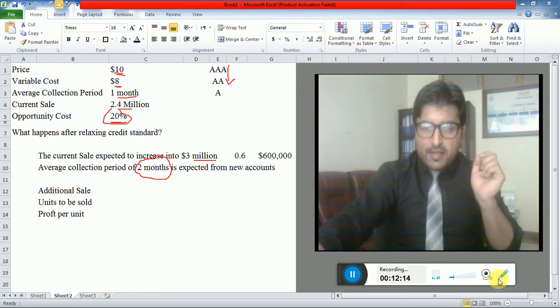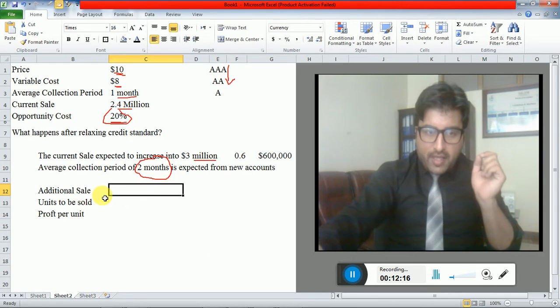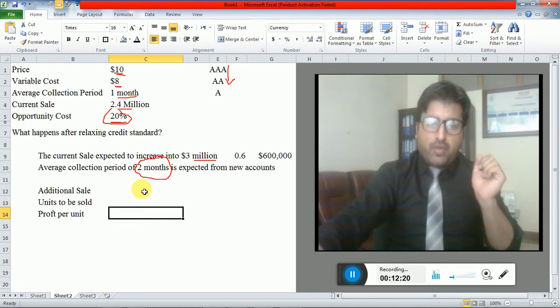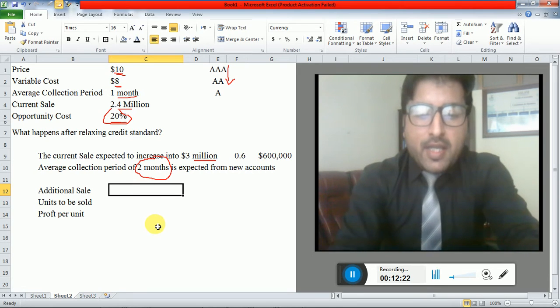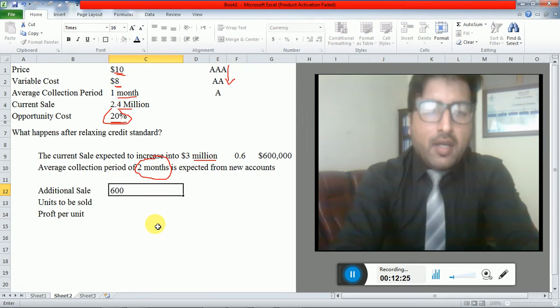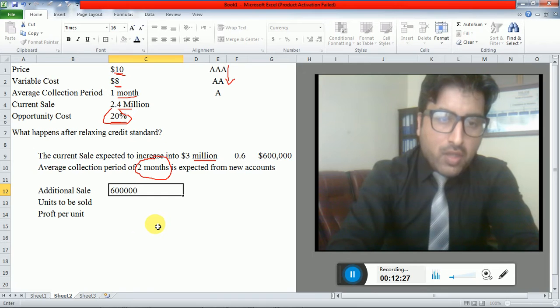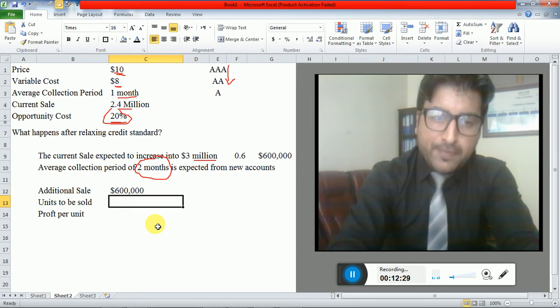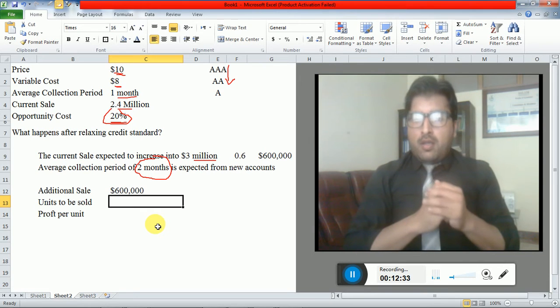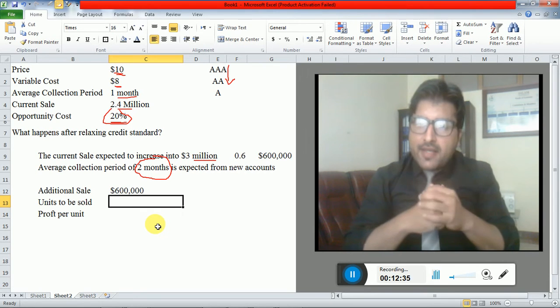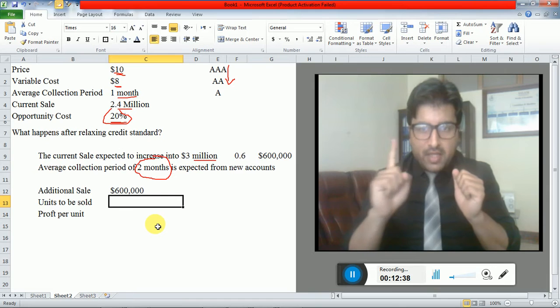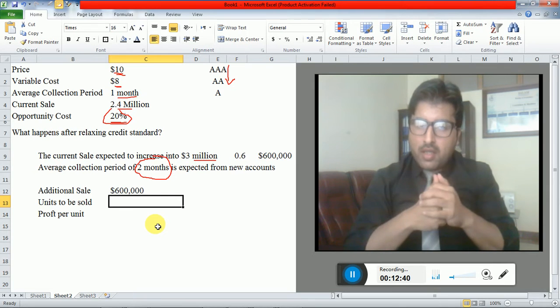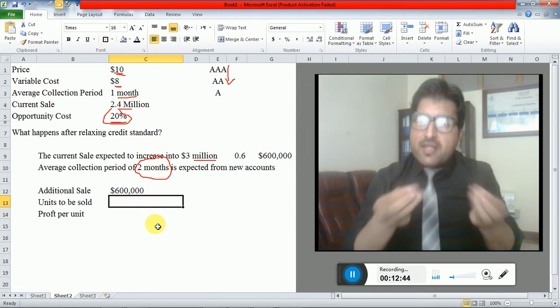One is additional sale, and units to be sold, and profit per unit. Okay, how much is the additional sale? That is $600,000, right? How many units to be sold? Okay, if the unit price is $10, right, if the product price is $10 and the total sale is 600,000, how many units are supposed to be sold?